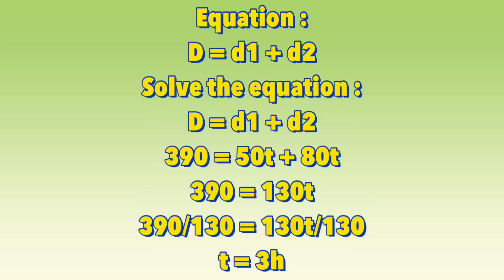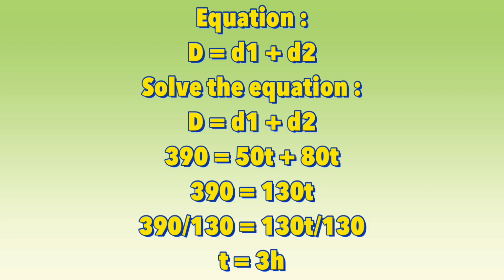Okay, the distance covered is 390 equals the distance of the buses. We have RT, so the rate of the first bus is 50 times t, plus the rate of the second bus is 80 times t.